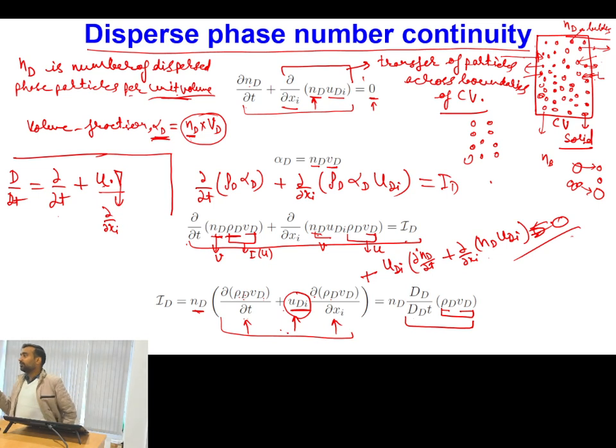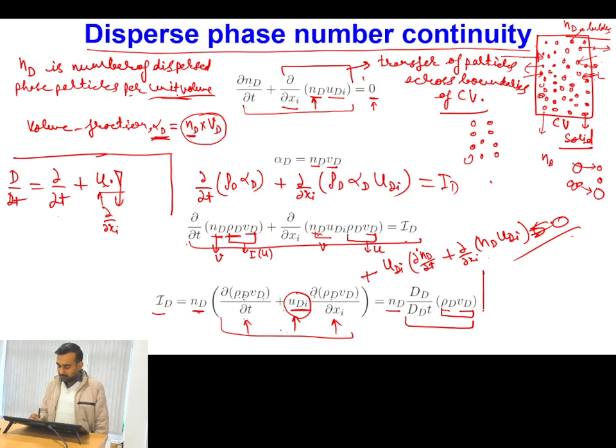So the total derivative is defined by considering the velocity of the dispersed phase in the advection term. That is the reason this subscript d is used in the total derivative. Is this one clear? So from here Id is equal to nd into Dd by Ddt of rho d into Vd.